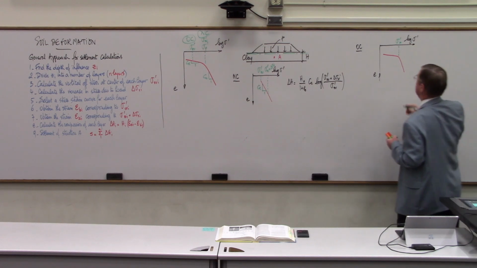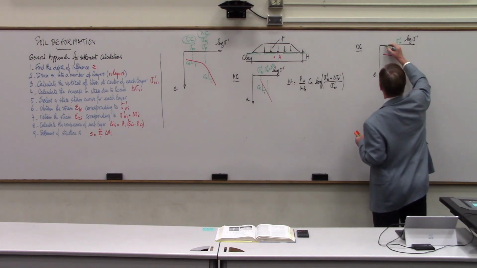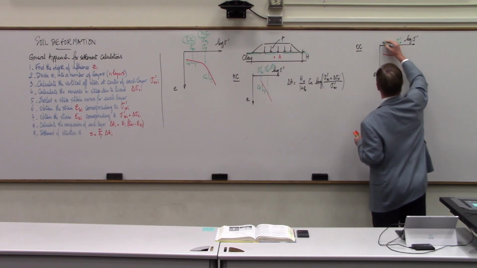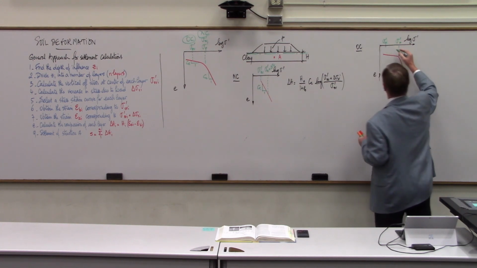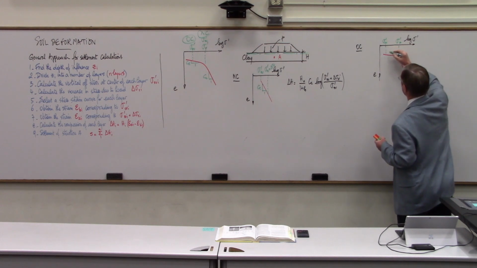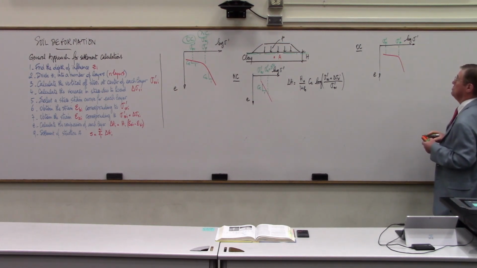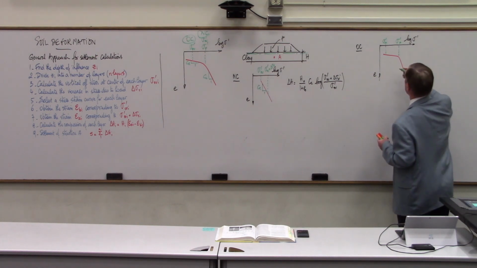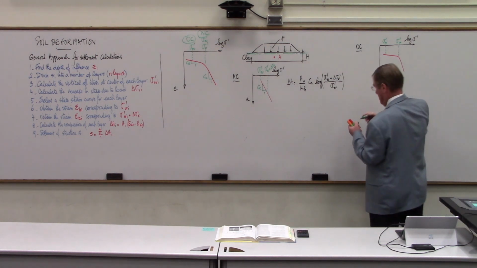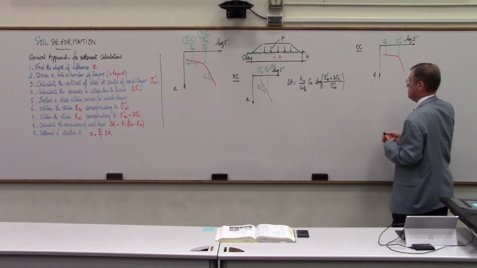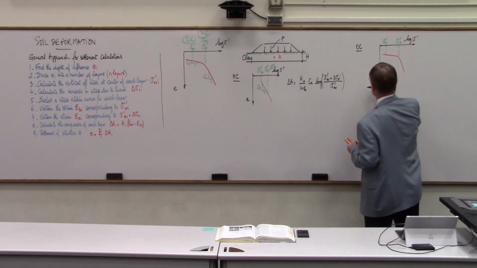So here's sigma prime OV, because we have an over-consolidated material, and then you're going to have a certain increase in stress.